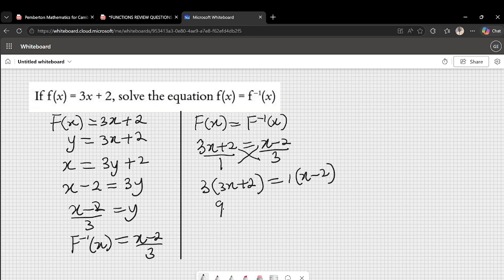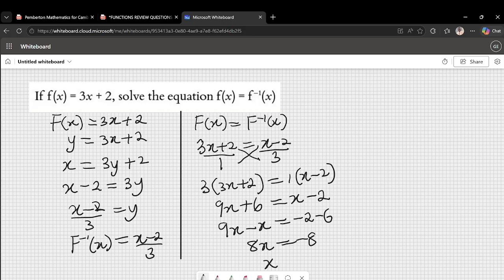So this will give us 9x plus 6 equals x minus 2. If you open the bracket and collect like terms, you have 9x minus x equal to minus 2 minus 6. So 8x will be equal to minus 8. Divide both sides by 8, your answer will be negative 1. So the value of x for which the function is equal to its own inverse is when x is equal to minus 1.